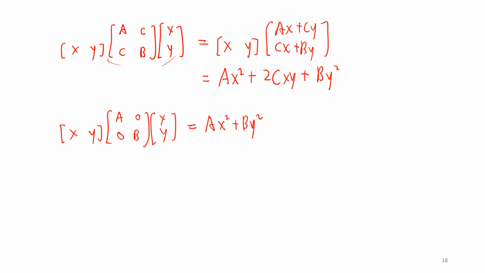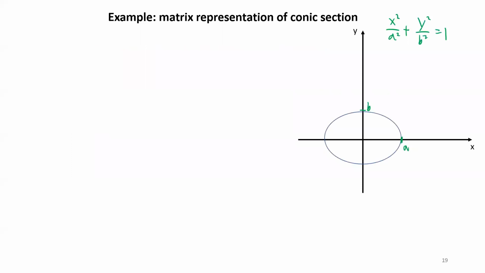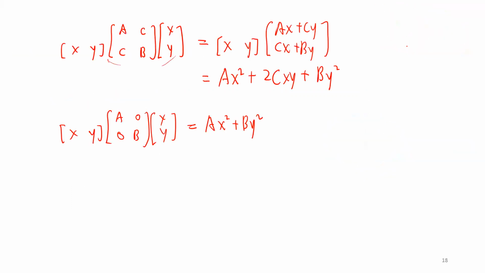Okay, so now I want you to go back to this ellipse and think about this equation over here, okay? And try to write the left-hand side into this form, okay, which I call the matrix form.